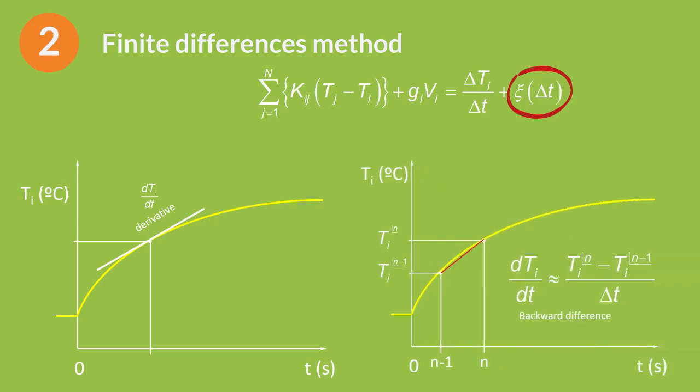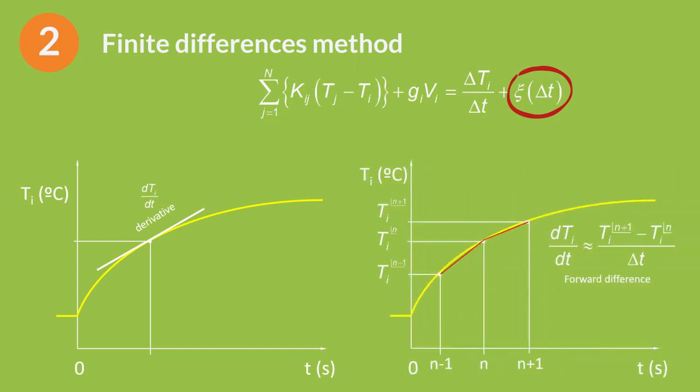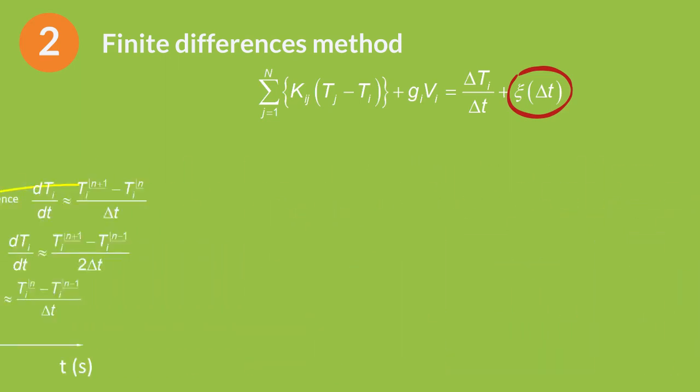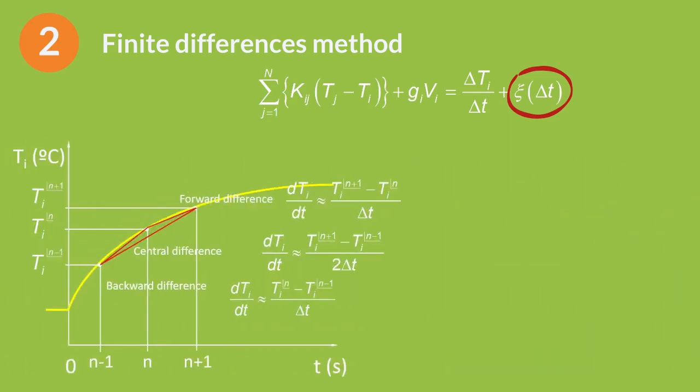For instance, by using the backward difference, the forward difference, or the central difference. This will lead to the existence of different methods to solve the transient regime, as we will discuss later.